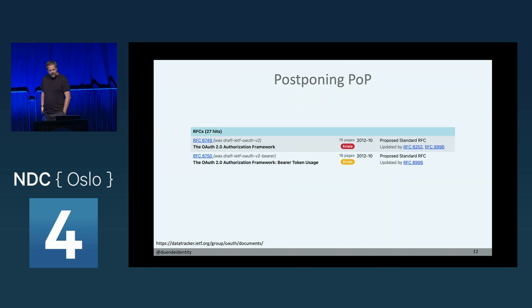Now, the last parting gift that he demanded was, please make sure that you're going to bring proof of possession or signature-bound tokens back. Okay, so have you ever wondered why there are two specs, RFC 6749, which is how to get the token, and RFC 6750, how to use the token?